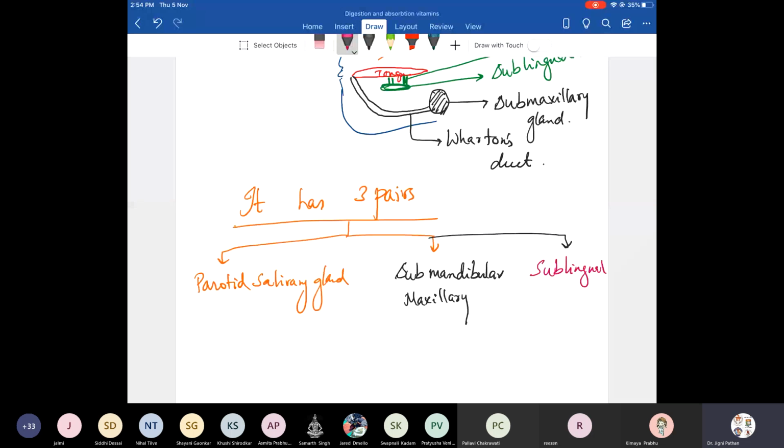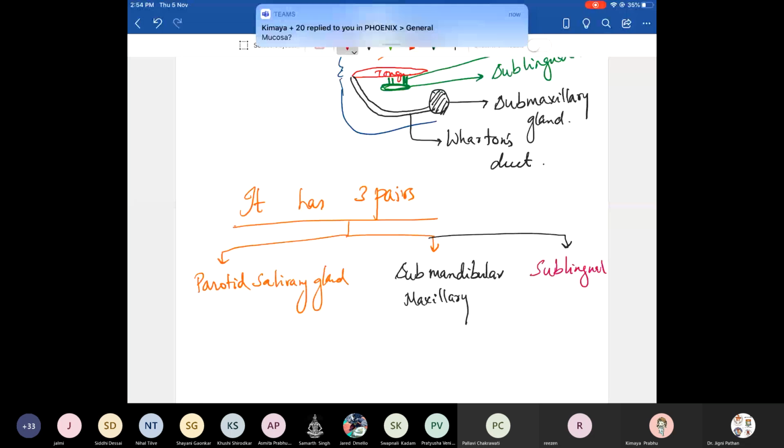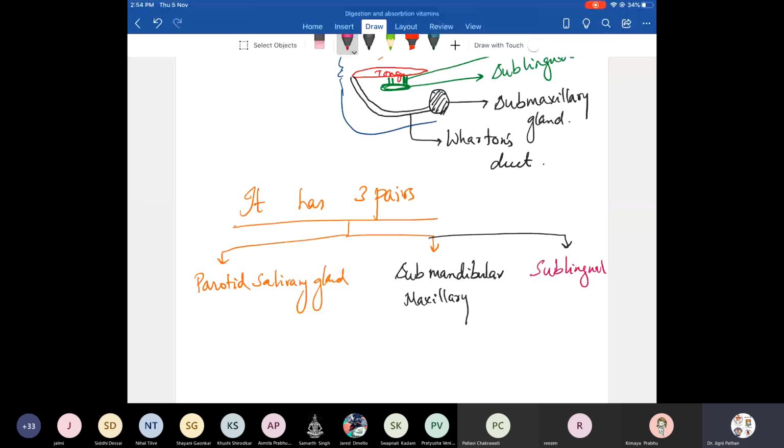What's the other name for tongue? Lingual. Tongue is also called lingual. Is it clear?